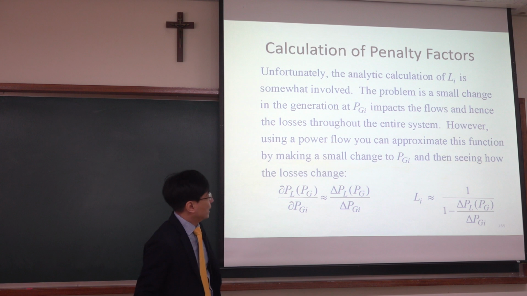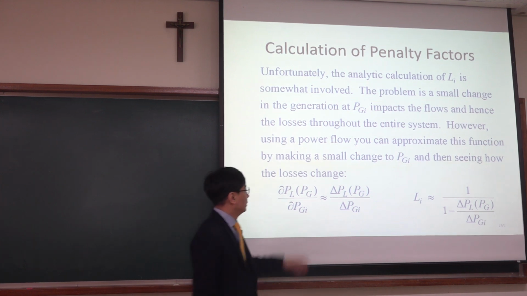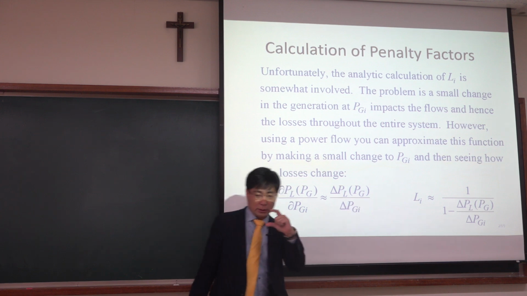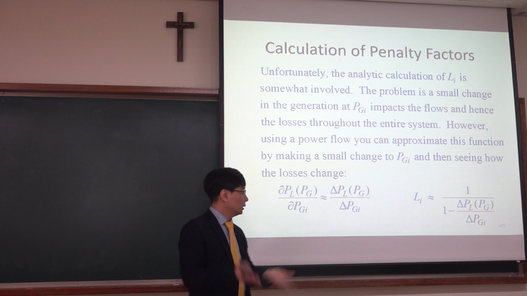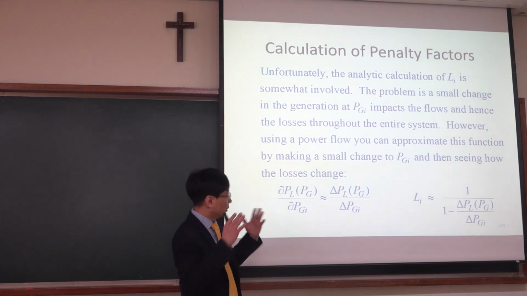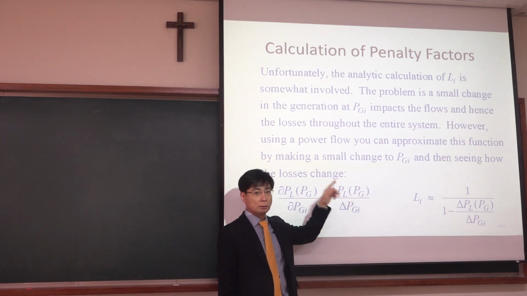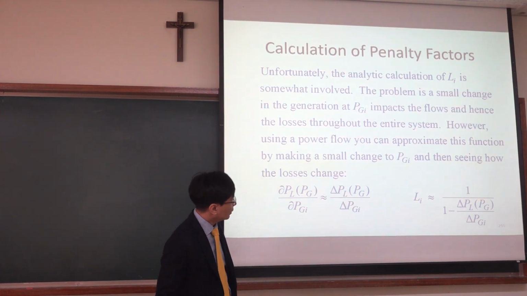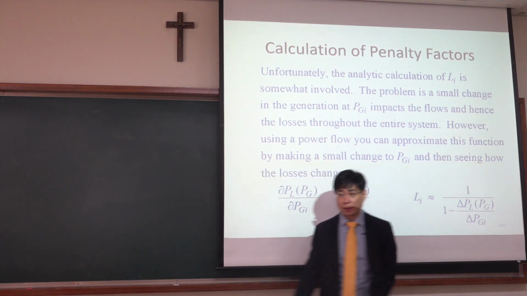So we just estimate it numerically. That means by increasing the generation somehow, like by delta, and for the given delta, you solve the power flow equation again, and then you just compute the loss variation. Okay, so this can be numerically estimated.